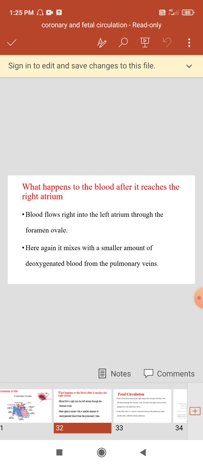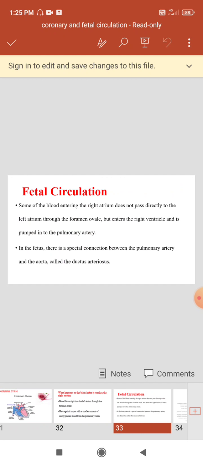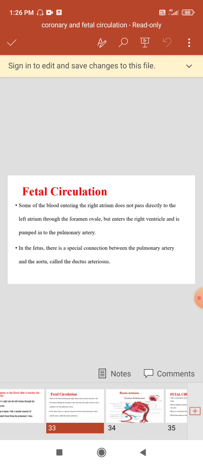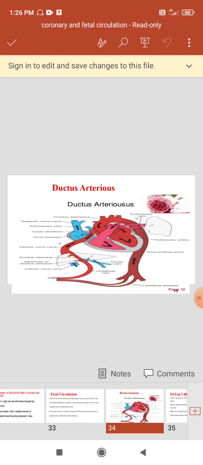In fetal circulation, some of the blood entering the right atrium does not pass directly to the left atrium through the foramen ovale, but enters the right ventricle and is pumped into the pulmonary artery. In the fetus, there is a special connection between the pulmonary artery and the aorta called the ductus arteriosus. So this is a picture of the ductus arteriosus.